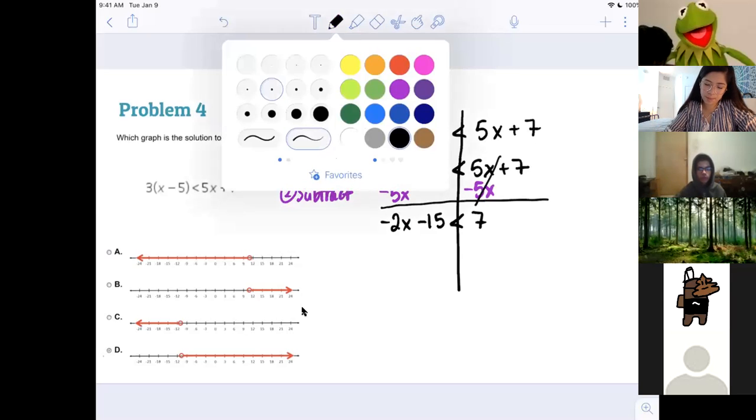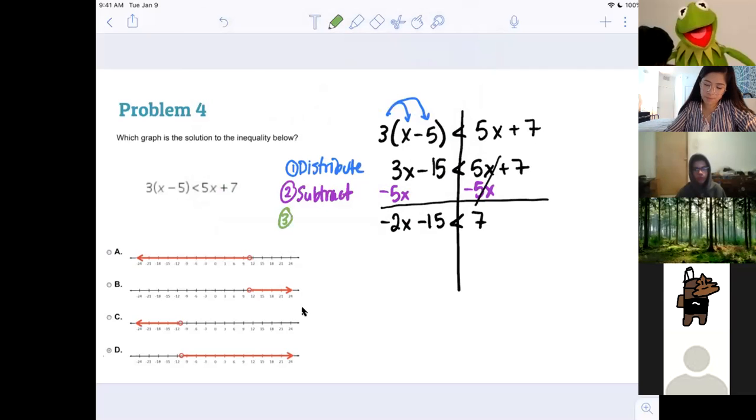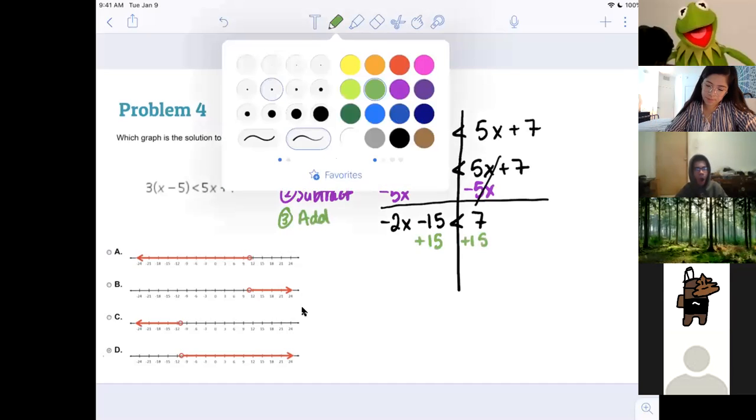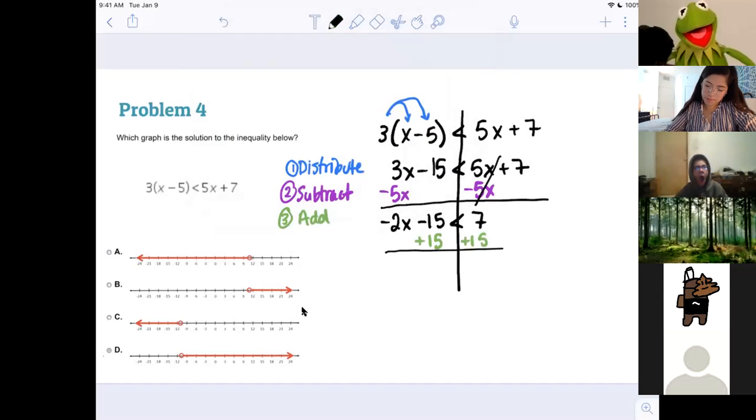Perfect. Two more steps. What's step 3? Add 15. Good. Add 15. 7 plus 15. 22. 22.